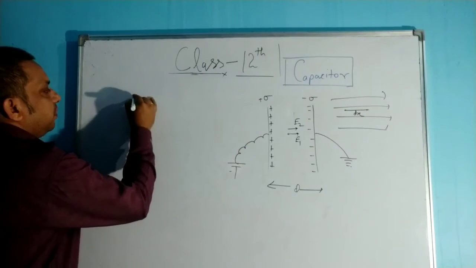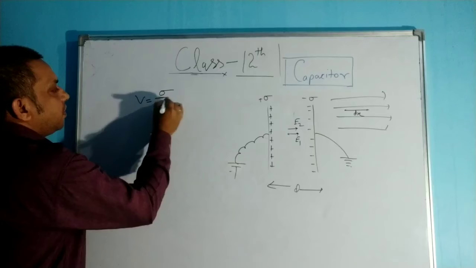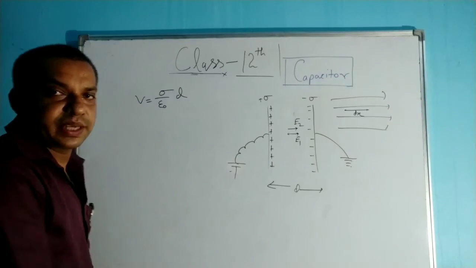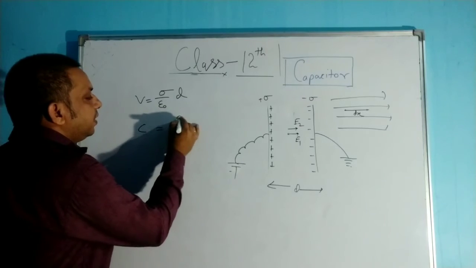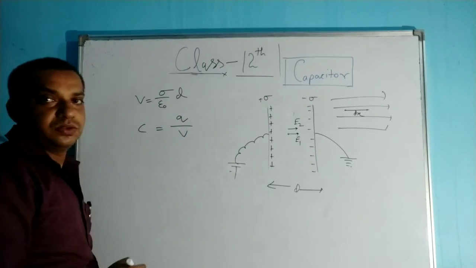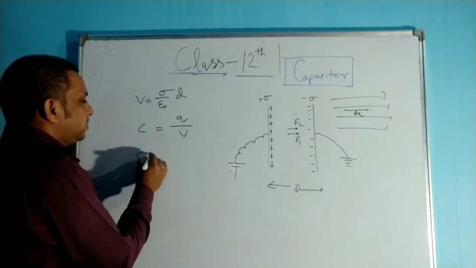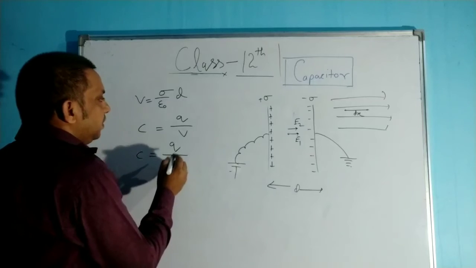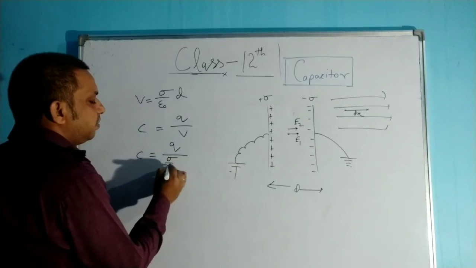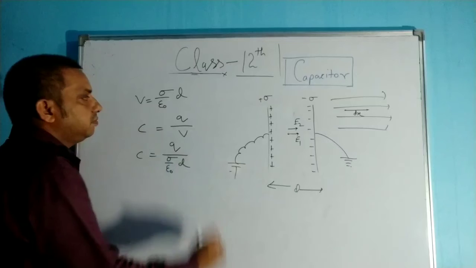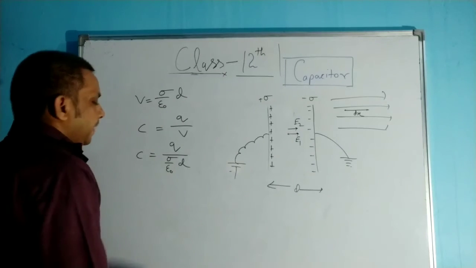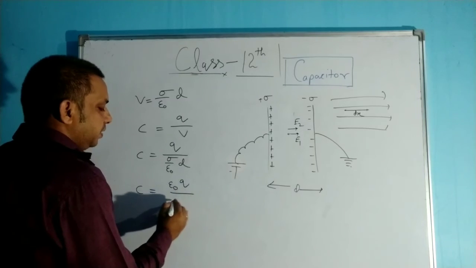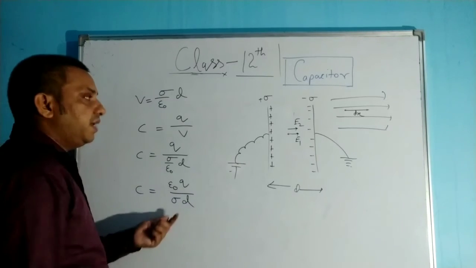So we have V is equal to sigma upon epsilon naught into d. But according to the definition of capacitance, C is given by Q by V. So just put the value of V here. C is equal to Q divided by V, and V is equal to sigma upon epsilon naught into d. Clear? After simplification, that becomes epsilon naught Q upon sigma into d. And what is sigma?